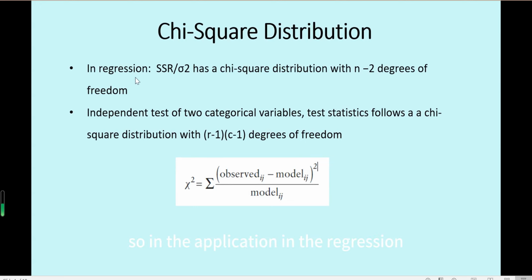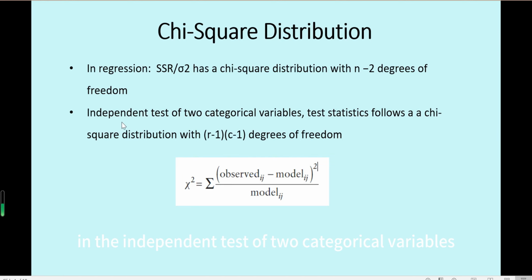So in applications, in regression, we know SSR, which is the sum of squared residuals divided by the unknown variance of the data, has a chi-square distribution with n minus 2 degrees of freedom.